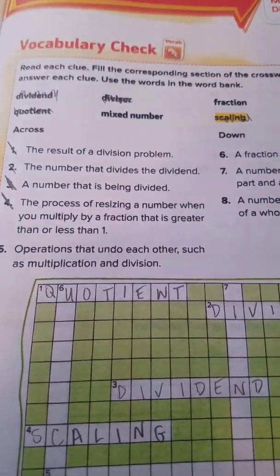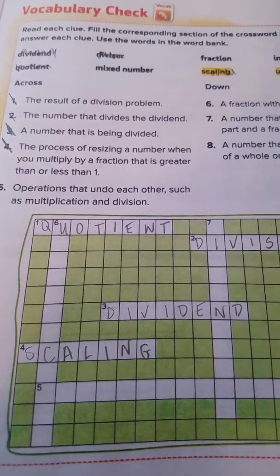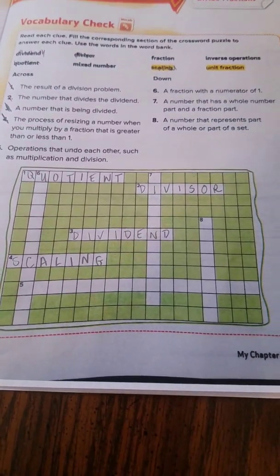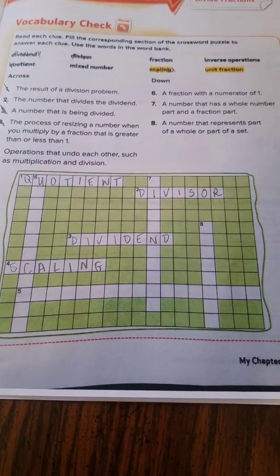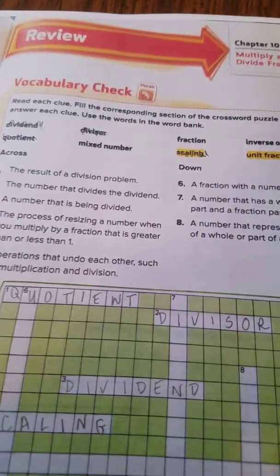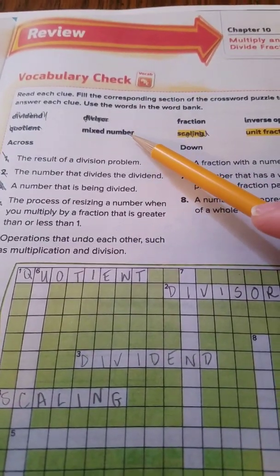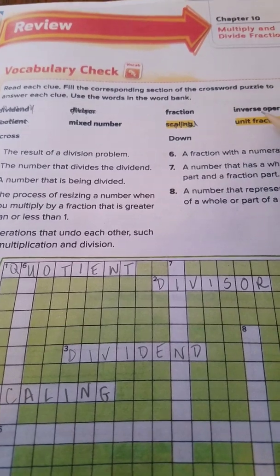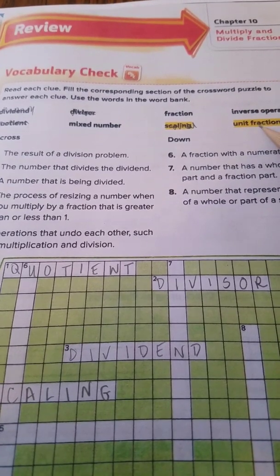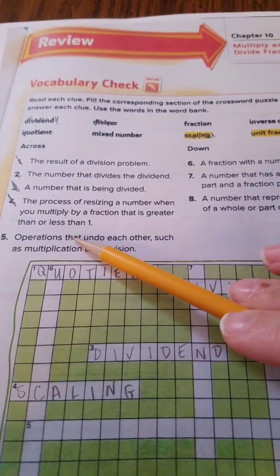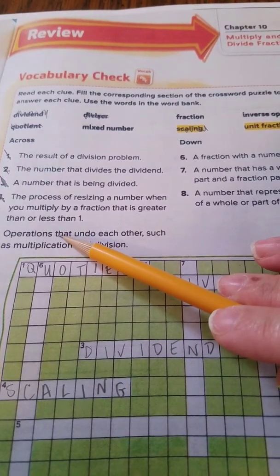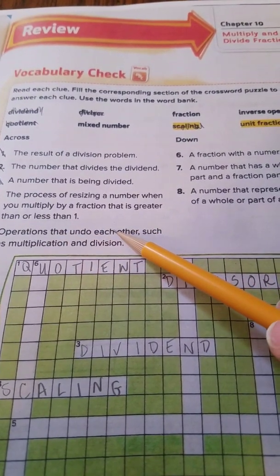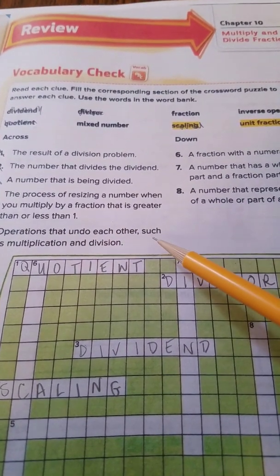Number 5, operations that undo each other. This is really long. Look how many letters. We've really only got 3 really long terms left. Mixed number, inverse operation, unit fractions. We're looking for a type of operation that will undo another operation.